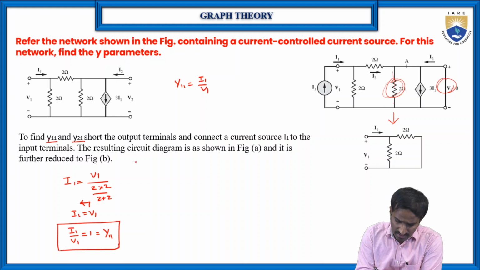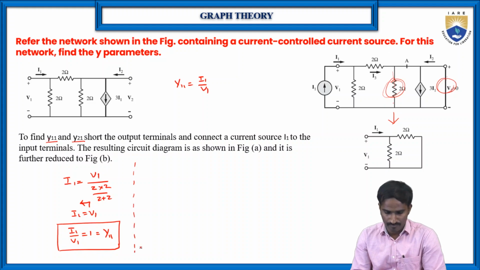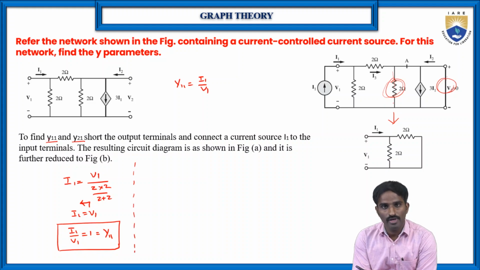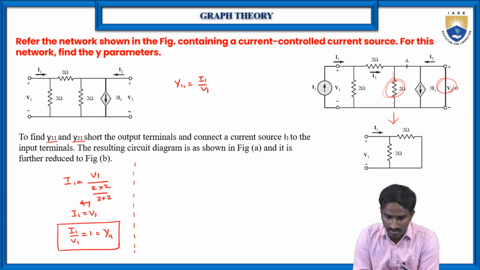Then similarly, to find Y21, we follow a different procedure, not like the previous one.